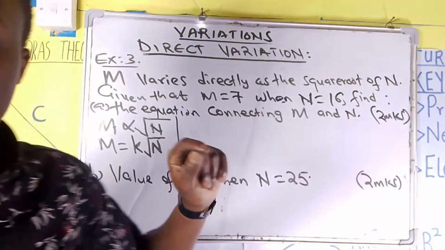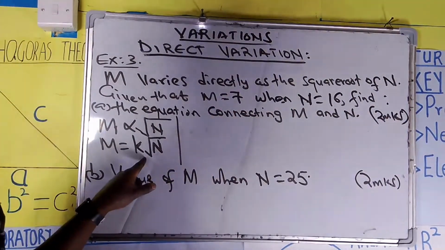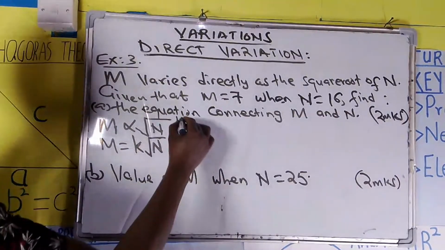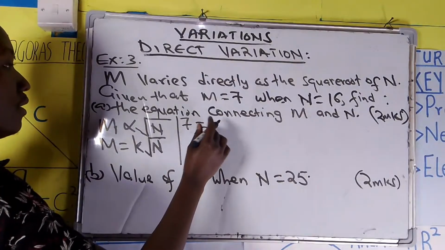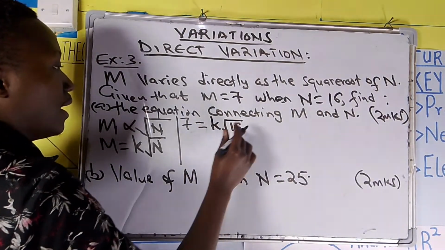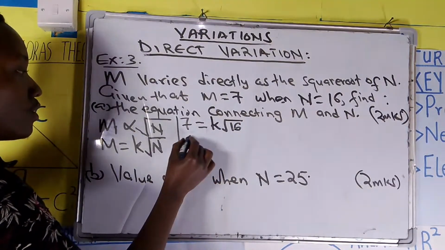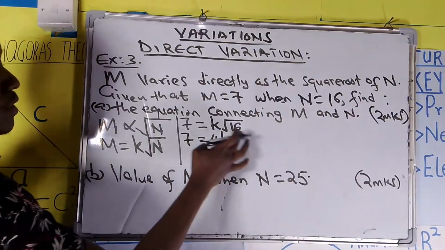There is one thing I want you to understand. We are given these two so that they help us find k. So our m is 7, is equal to k square root of 16. And the square root of 16 is 4. So our 7 is going to be equal to 4k.